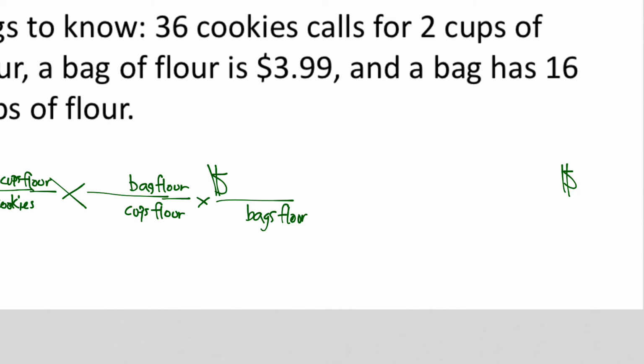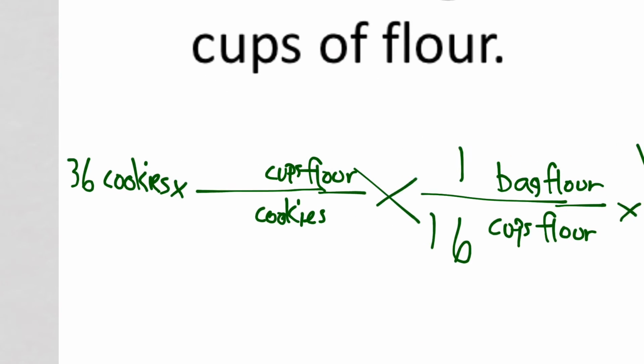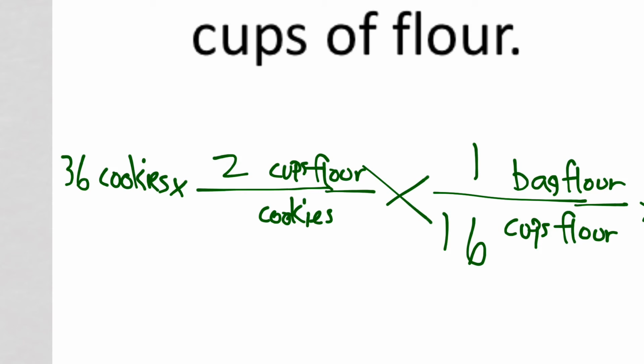So now I'm going to go back and put in my numbers. It's $3.99 for 1 bag of flour. 1 bag of flour is 16 cups. And I need, I think it was 2 cups of flour for every 36 cookies.